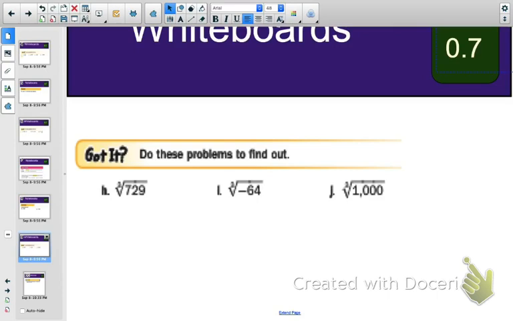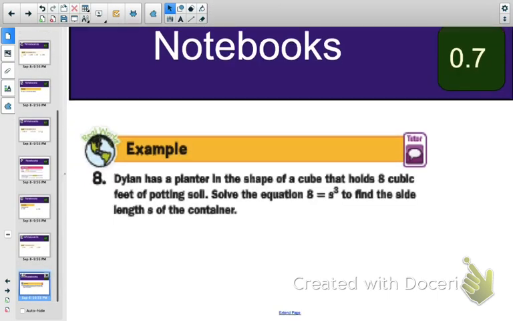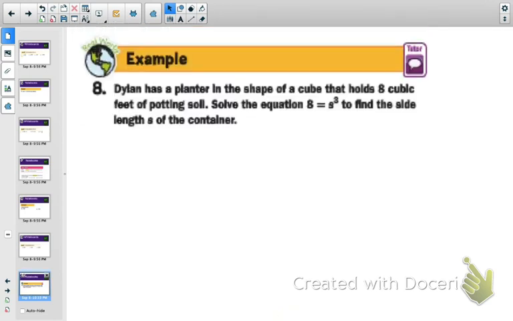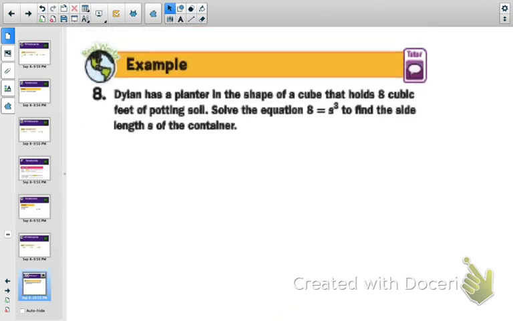Okay, last thing is now solving equations using cube roots. It says Dylan has a planter in the shape of a cube that holds 8 cubic feet of potting soil. So we've got our cube. There's my cube for a planter.